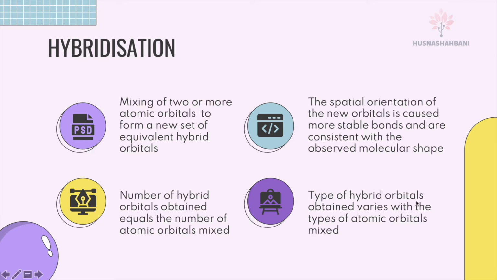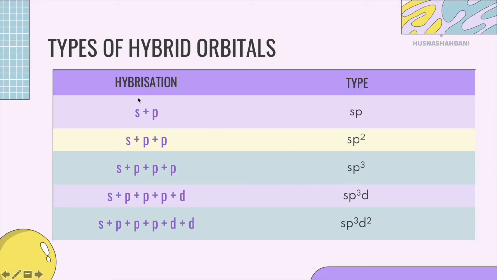Next, the type of hybrid orbitals obtained varies with the types of atomic orbitals mixed. When you mix one s orbital with one p orbital, the type of hybridization is sp hybridization. When you mix one s orbital and two p orbitals, it is sp2.